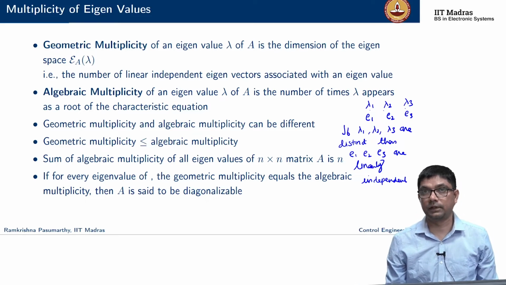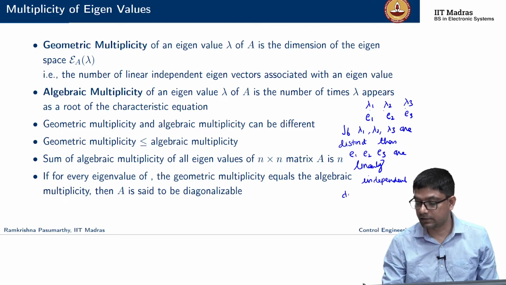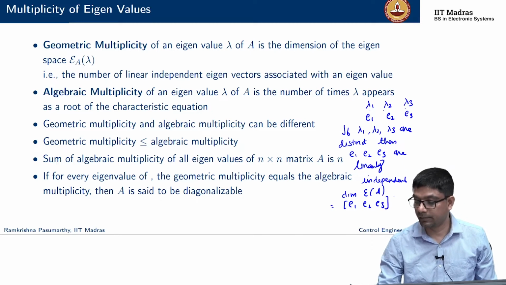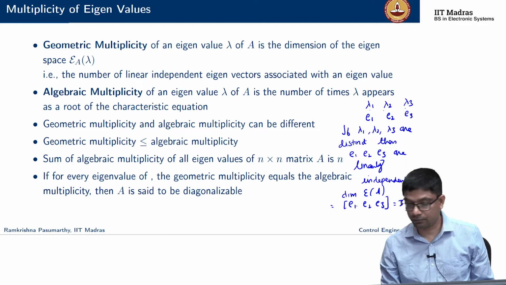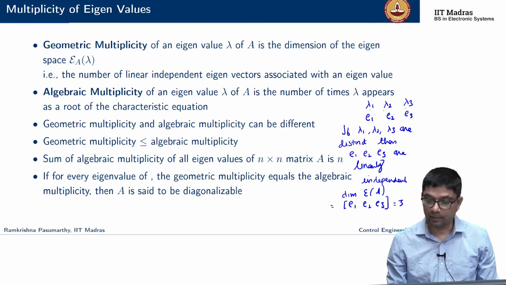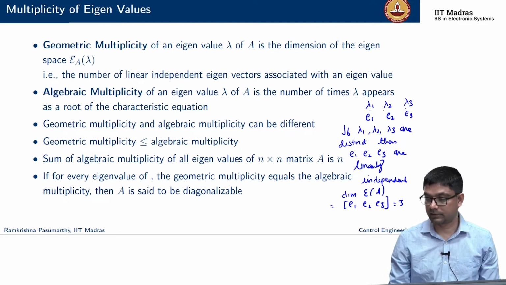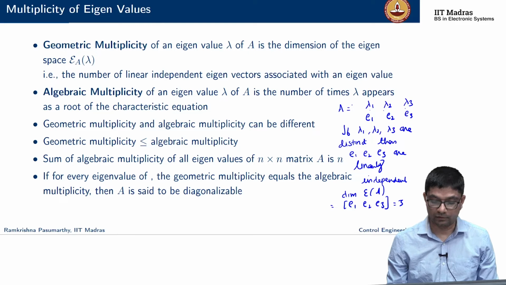Now, if I have three linearly independent vectors, I will say that the dimension of the eigenspace of A, which is the vectors E1, E2 and E3, will be 3. So these are the number of linearly independent eigenvectors associated with the matrix A, which has 3 distinct eigenvalues.